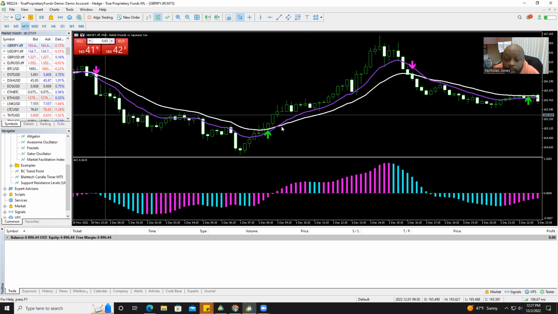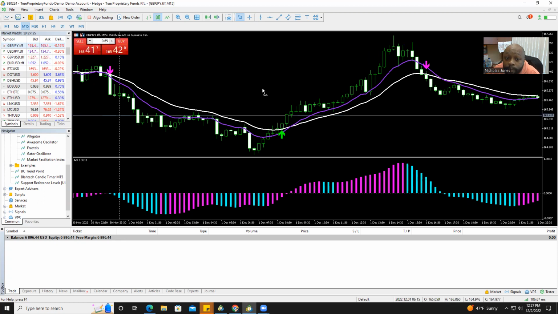It got a signal, crossover, went above the Awesome Oscillator, went up. You got in, and then you could have got out, right? So the crossover, the arrow hit here, you could have gotten out here to close your profit, right?